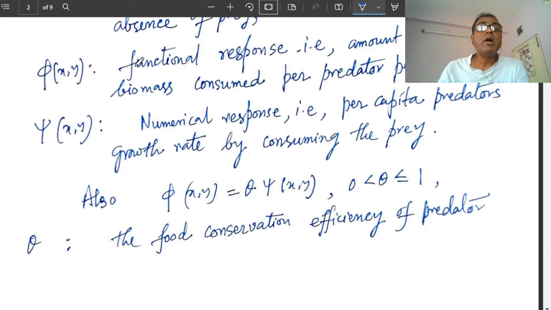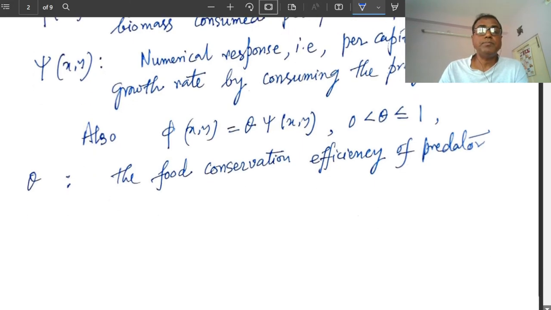So phi is the functional response and psi is the numerical response. So the relation is phi equal to theta into psi, where 0 < theta <= 1. And this theta denotes the food conversion efficiency of the predator.